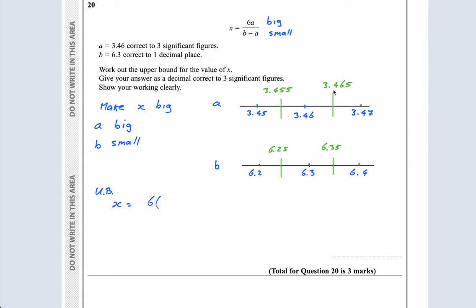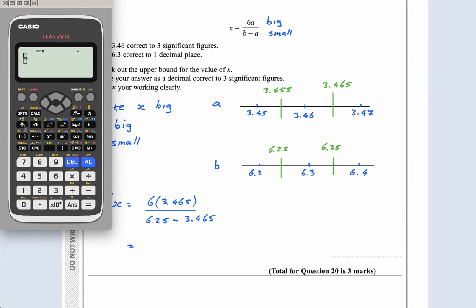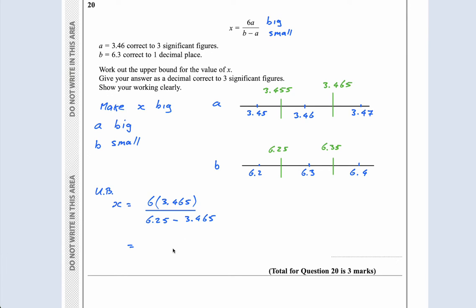It's 6 times the upper bound, 3.465, divided by B is small, so B is 6.25, minus A is big, 3.465, and this equals, calculator please, 6 times 3.465 over 6.25 minus 3.465, and we get 7.46499, and he wants it to three significant figures, so it's 7.46.